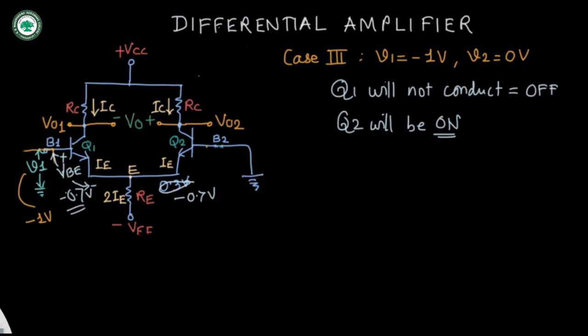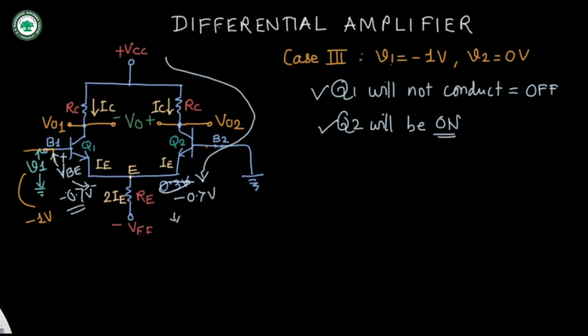As Q2 conducts, there will be current flowing through this side, that means from collector to emitter to this negative power supply voltage, and therefore Q2 will be on and Q1 will be off.